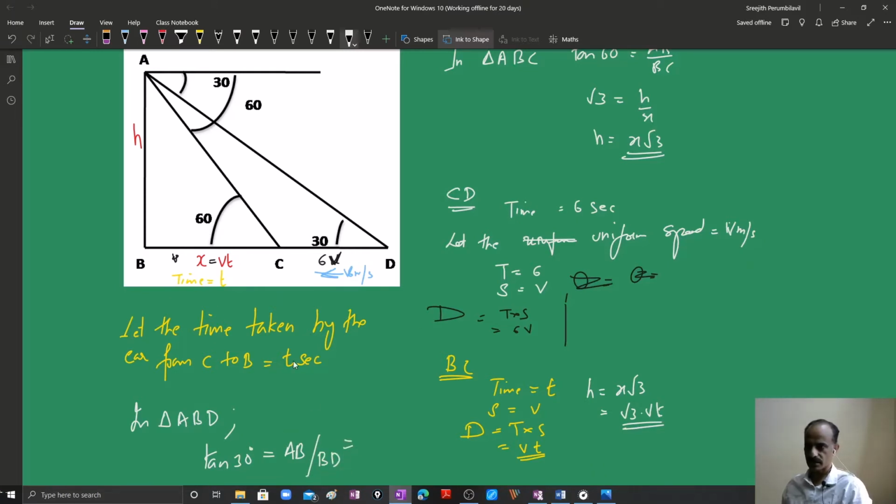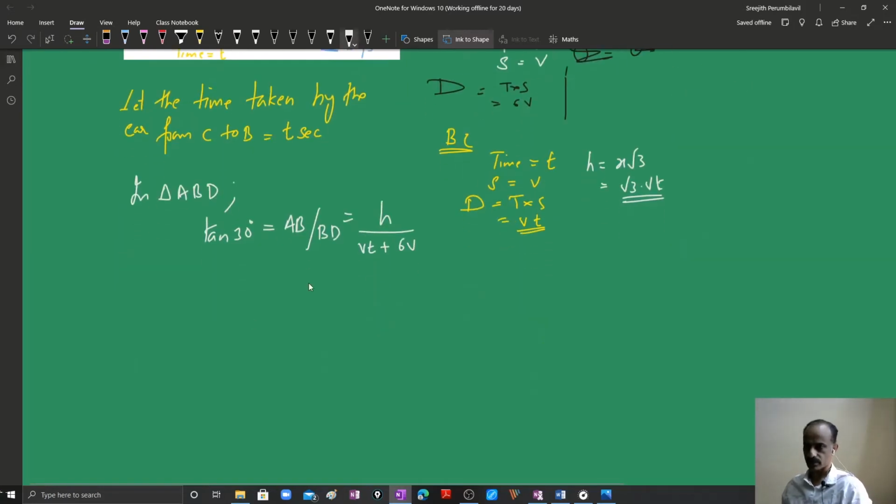AB is equal to h, and BD is this distance, that is Vt plus 6V. Tan 30 is 1 by root 3, so 1 by root 3 is equal to h divided by Vt plus 6V. Cross multiplying, Vt plus 6V is equal to h root 3.